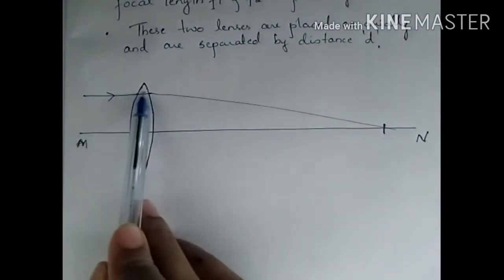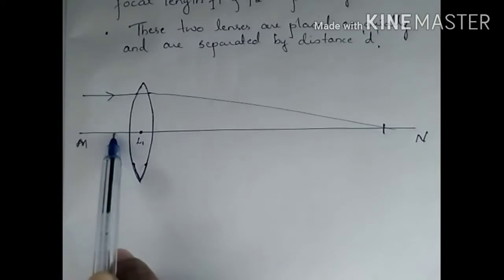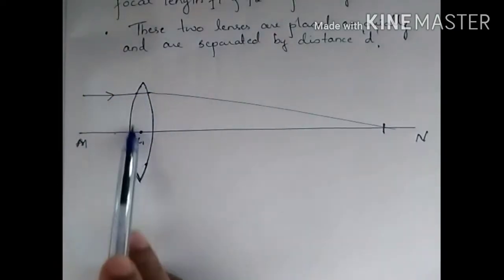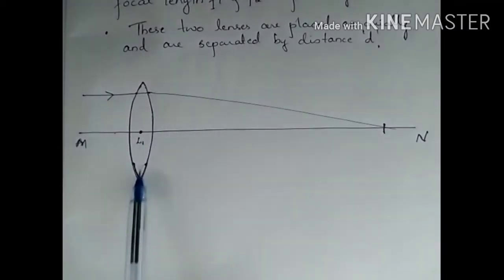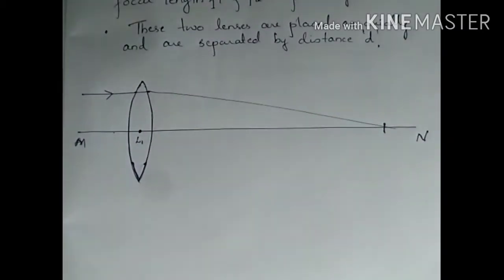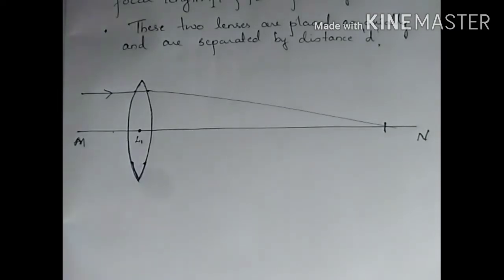Since this ray is parallel to the principal axis, the image that is formed after refraction from L1 will be at the focal point. So the paraxial or parallel ray to the principal axis will meet at the focal point.